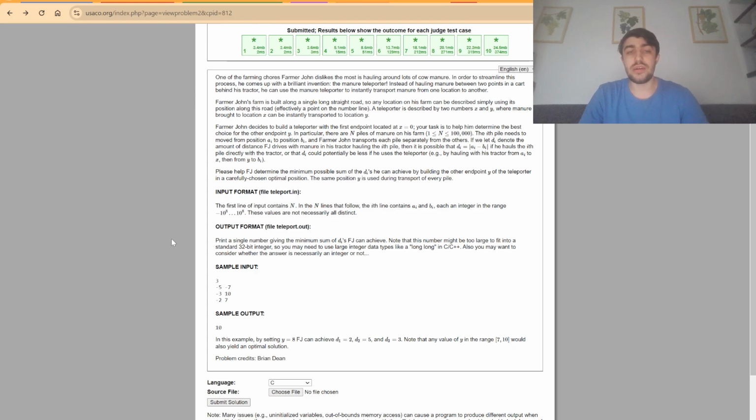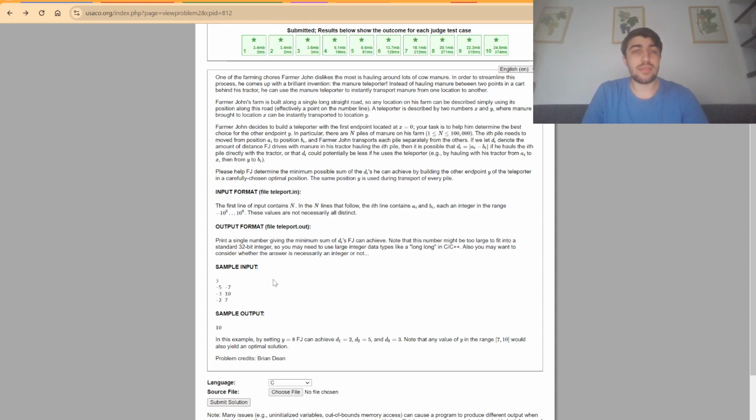So he can either go from A to B in the usual way on the integer axis, or he can use a teleport, which will go from the first point to the first endpoint of the teleporter, which is x equals 0. Then you will teleport to the second endpoint, and then you will go to the second point, to your destination. But there is a catch here.